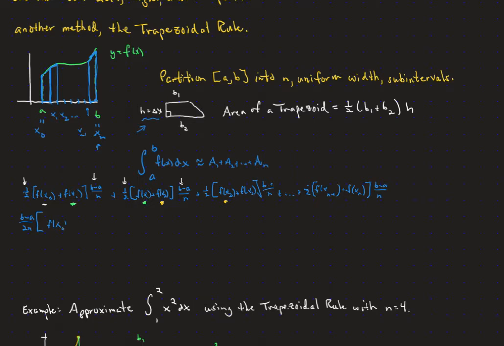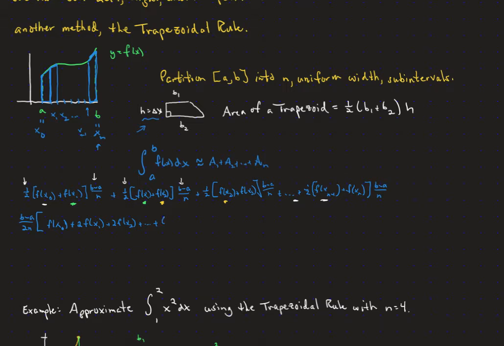So we have one of those f of x sub 0s, 2 of the f of x sub 1s, and 2 of the f of x sub 2s, and we'll continue like this, 2, 2, 2, 2, 2, until we get to the very end. And at the very end, there will be one in the trapezoid immediately before that one.